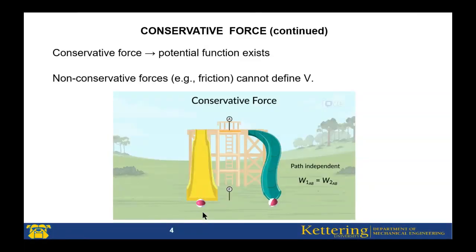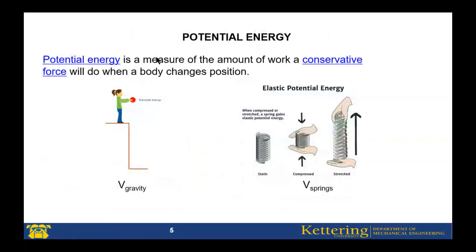This was also explained in my previous proof, that the work of the weight on different paths is similar. Because it is a conservative force, there's a potential function for it. I want to introduce the potential energy.